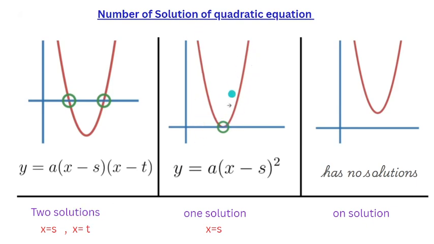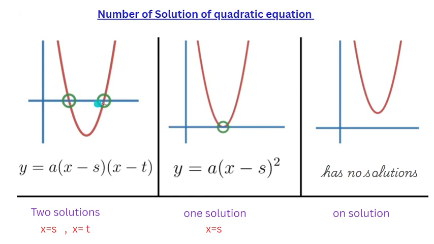If the parabola intersects the x-axis at one point, there is one solution. If the parabola doesn't intersect the x-axis at all, there is no solution.